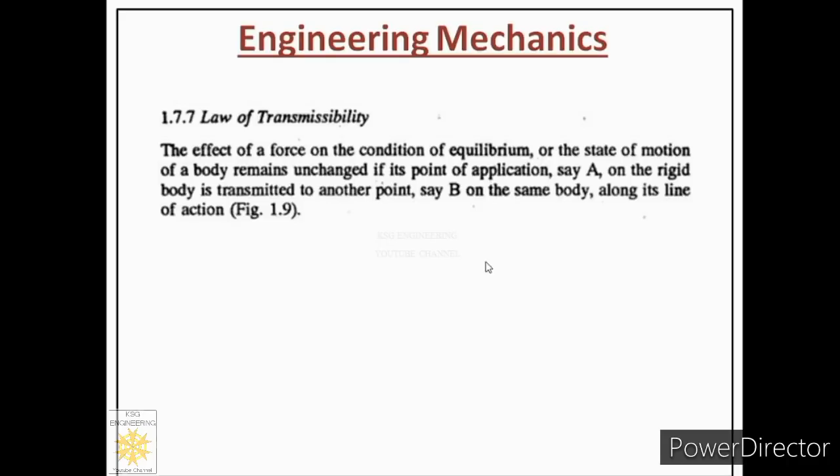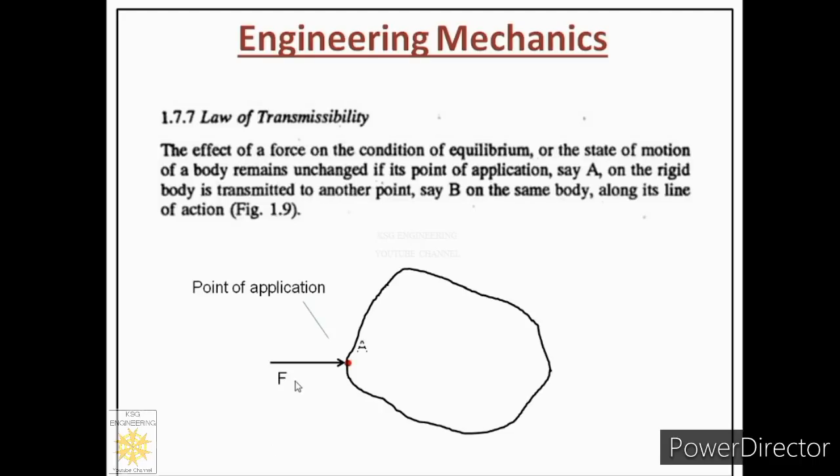Let us understand this through an example. Suppose we have a body, and on that body we have applied a force of magnitude F at point of application A. Suppose this force has resulted in an acceleration of the body of 10 meter per second square.